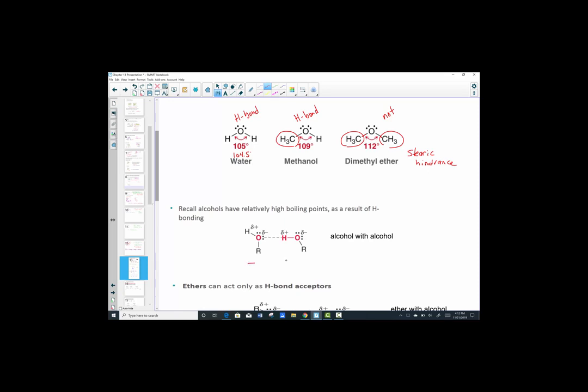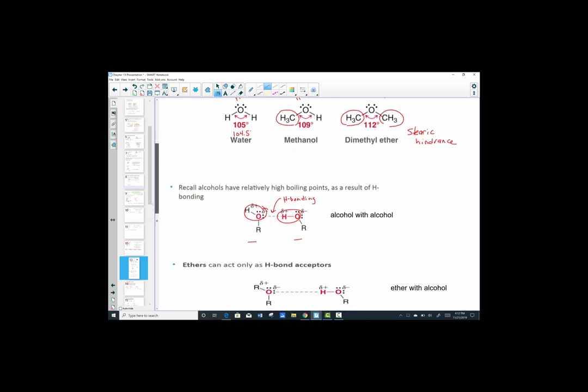So alcohol with alcohol, this is our OH group for an alcohol, you can see a very clear intermolecular attraction of H bonding that creates a very strong intermolecular attraction, very sticky molecules. Therefore, it takes an even greater amount of energy to force them to boil. High boiling points for alcohols.